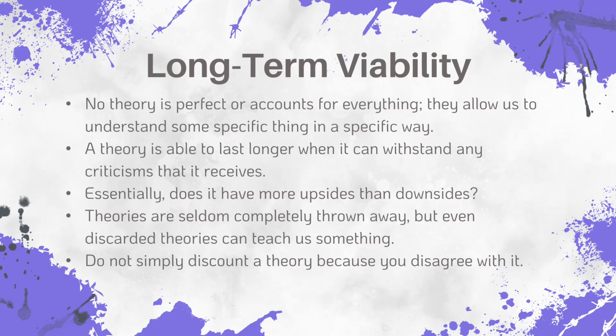So essentially, if you want to figure out the long-term viability of a theory, does it have more upsides than downsides? If it just has downsides, it's just bad. If it's just bad, then, well, it's probably not going to last very long, is it?